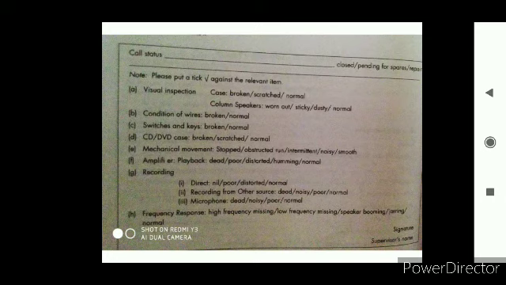The checklist is where the entire criteria which has to be inspected is mentioned. It covers visual inspection, whether something is broken, scratched or normal, the speaker, worn out, sticky, dusty or normal, the condition of the wire, switches and keys, CD or DVD case, mechanical movement, amplifier, recording.